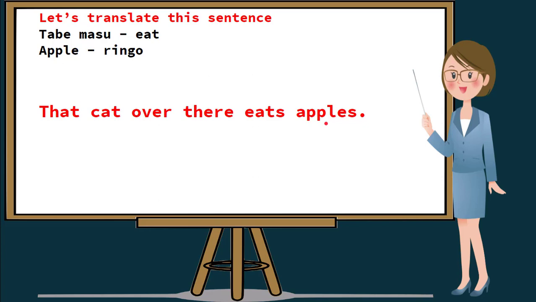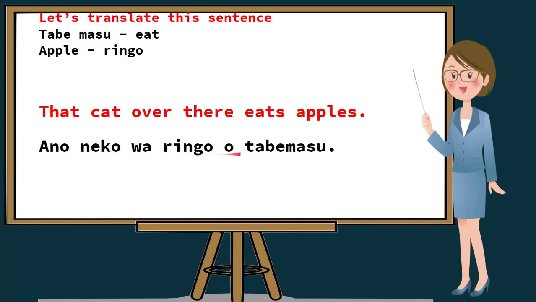In this sentence, we will be using a demonstrative pronoun, which is over there. Okay, let's start translating. Very good. Ano neko wa ringo o tabemasu. That cat over there eats apples.